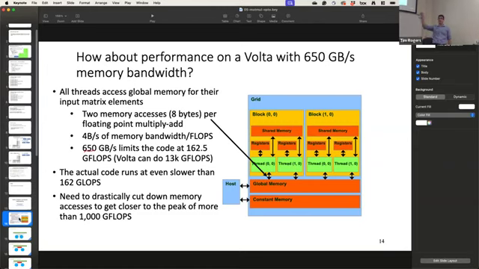Questions on this? Because this type of analysis is important, and you can do this back of the envelope on pretty much any program. Make sense? So I'm taking the very micro gigabyte per operation and then scaling up to the macro of the whole machine. This is how many gigabytes per second of bandwidth I have, how many flops I have. What ends up running out first based on the ratio?